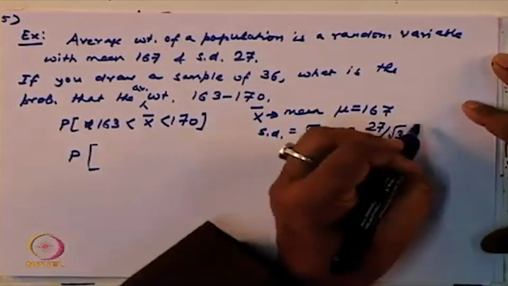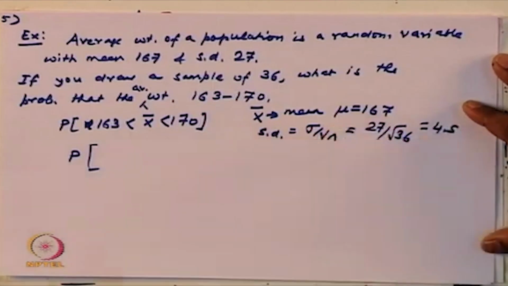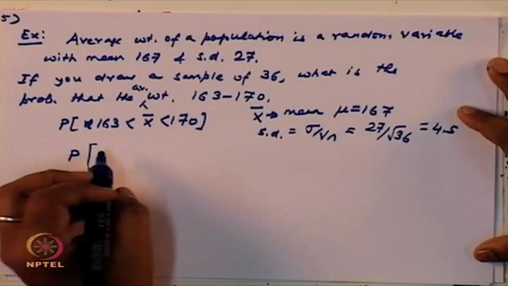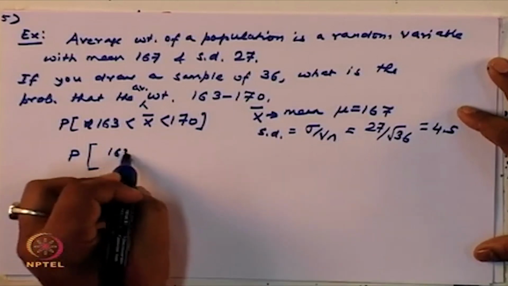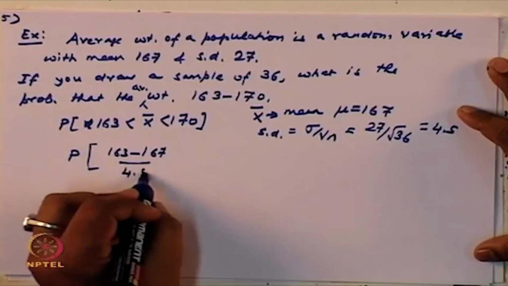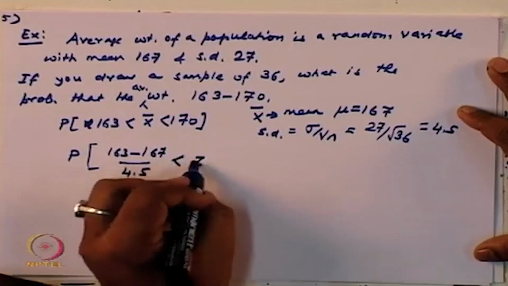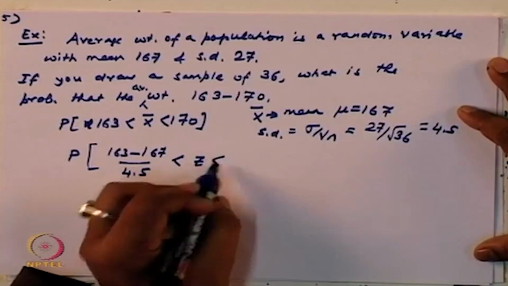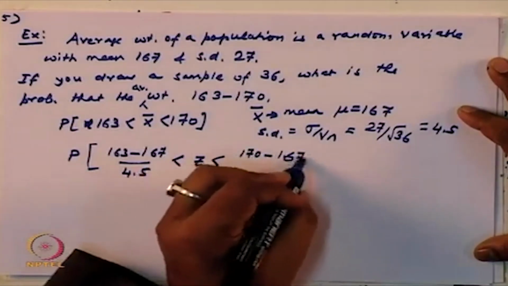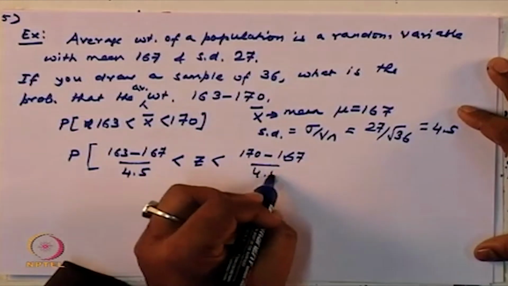This will come to 4.5. Okay. So, I can then convert this into a standard normal variable. So, this is nothing but 163 minus mu, which is 167, by 4.5, less than z, your standard normal variable, less than 170 minus 167, by 4.5.